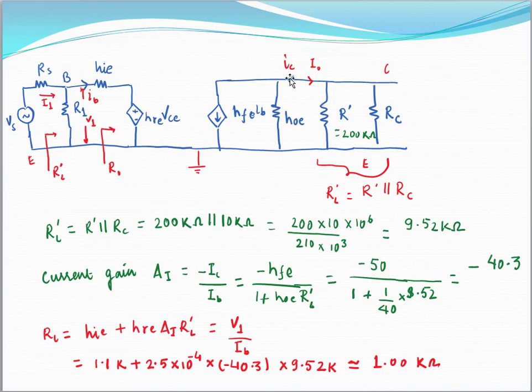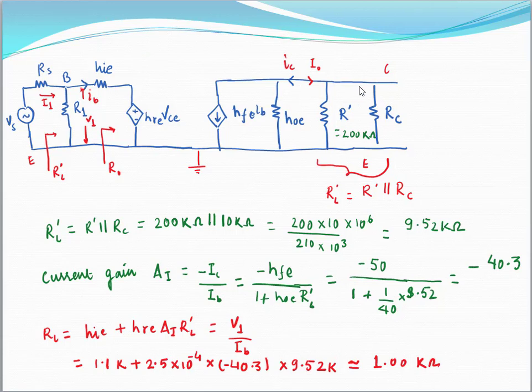Here AV is equal to V0, output is taken here from RL dash and RC, it is in parallel with, so V0 by V1, and we can also say that it is V2 by V1. Both are the same one.